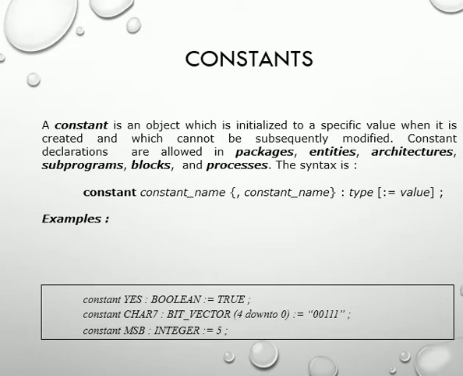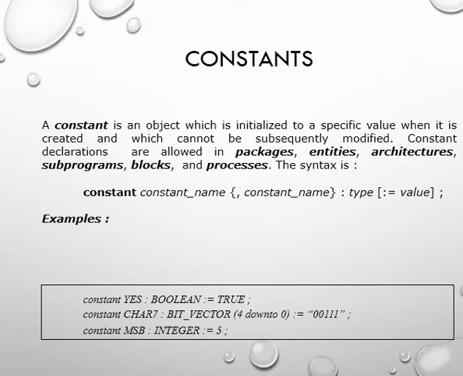Then a colon, then the type of that object, and then a colon equal to the initial value of that constant. Okay, so that will be the syntax of a constant.